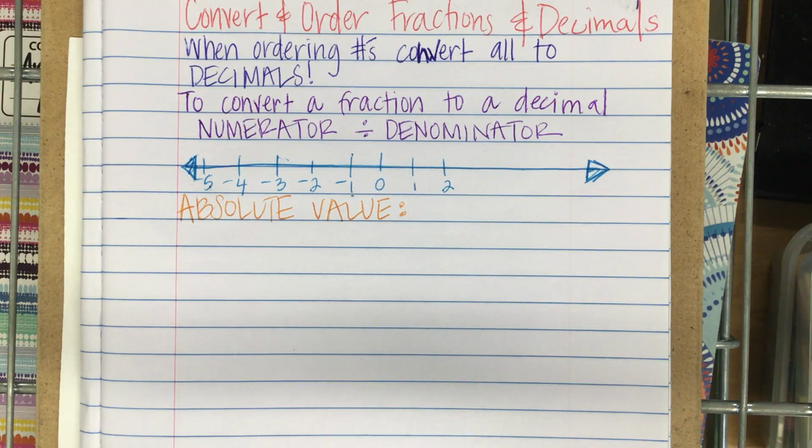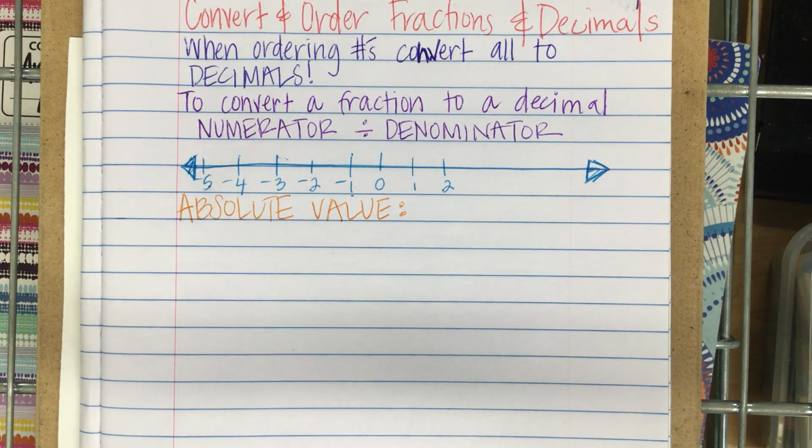Absolute value is distance. Right? There's no such thing as negative distance. If you watch me, I'm walking forward right now. I'm covering distance, yes? I'm walking backwards right now. I'm not going back in time. I'm still covering distance, right?